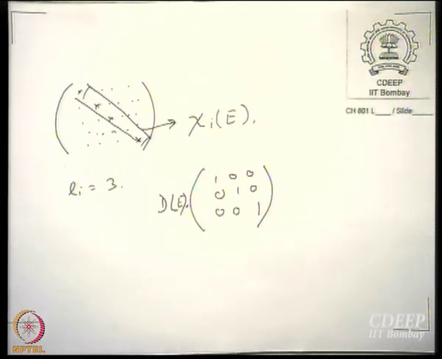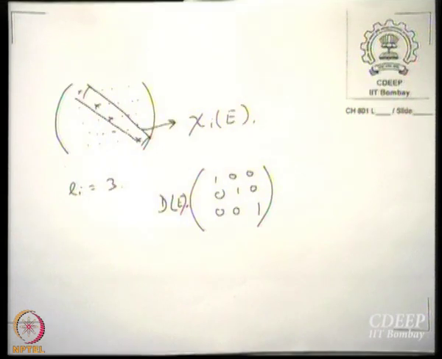If instead of 3 I say 29, I do not know of any 29 dimensional irreducible representation, that is a different issue, but let us say it is 29. Will this still hold? The character of the unit matrix will be equal to the dimensionality, 29 in that case. Is that right?